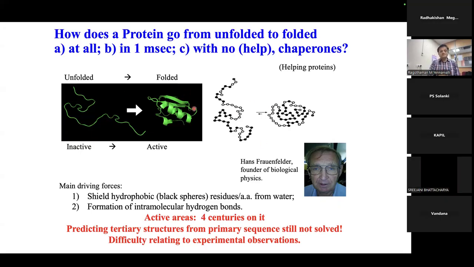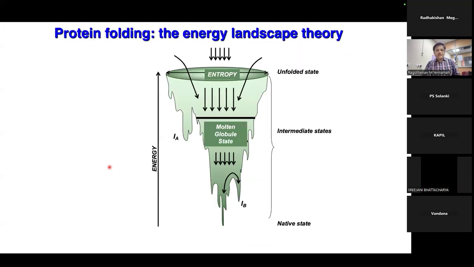This has the function. So there are many different theories that have been used, a lot of popular ones that have enabled us to understand how a protein folds and what kind of mechanism it is. Now, here you have very high entropy, and you have very low entropy here, and in between, when the protein goes from the unfolded to the folded, it goes through a stage called the molten globule state.